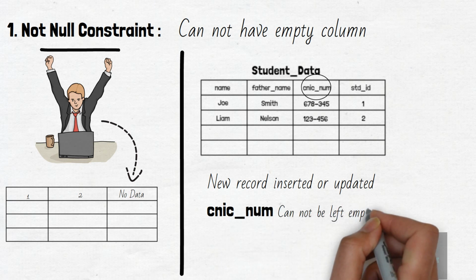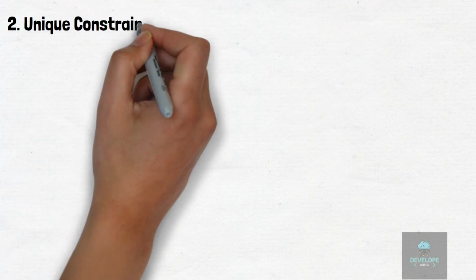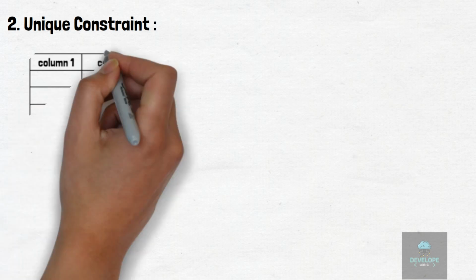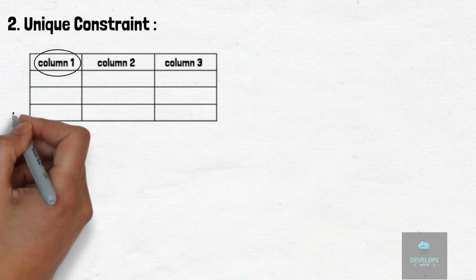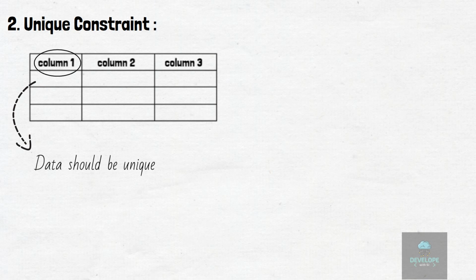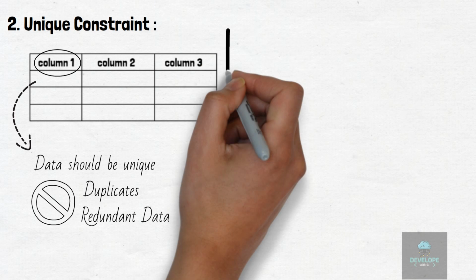Now, let's move to our next type of constraint, which is unique constraint. As the name specifies, this refers to the limitation on a column that data in that specific column has to be unique, which means no duplicate or redundant data can occur in that column.